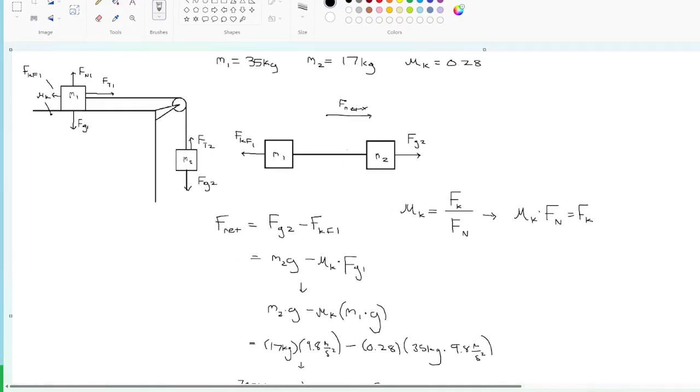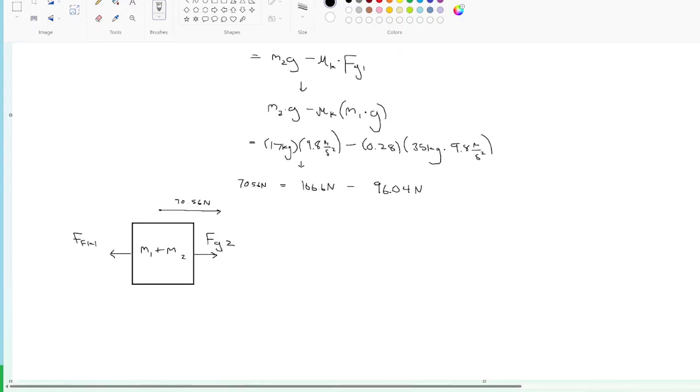This is the same as this system. I've just redrawn it so that we can visualize what is going on a little better. At least it helps me visualize what's going on a little better.